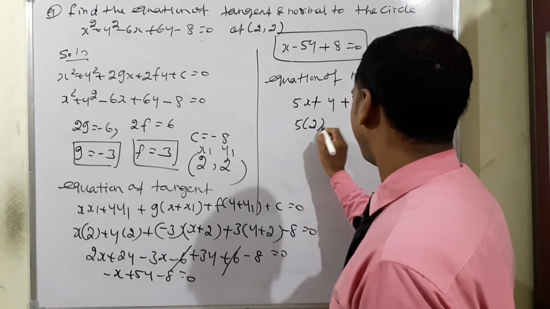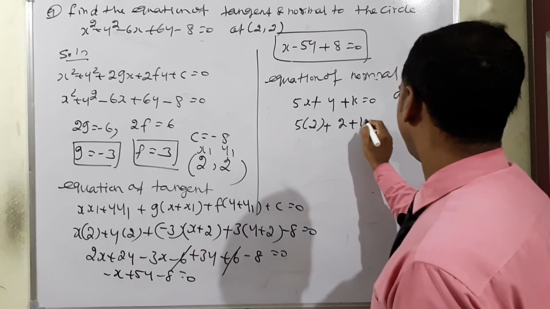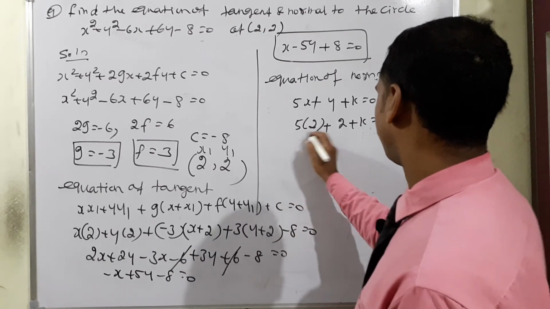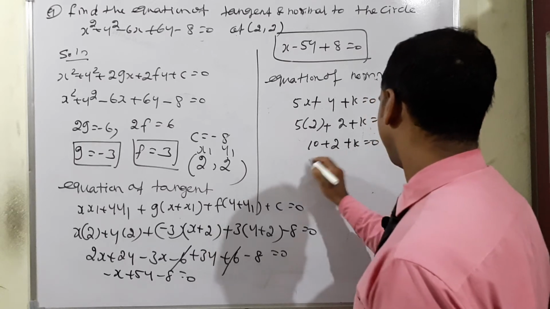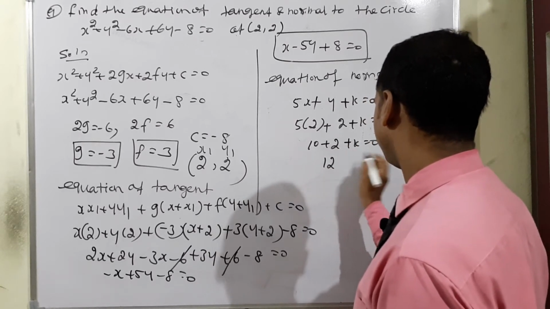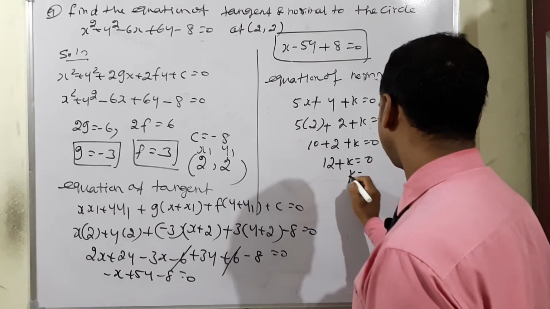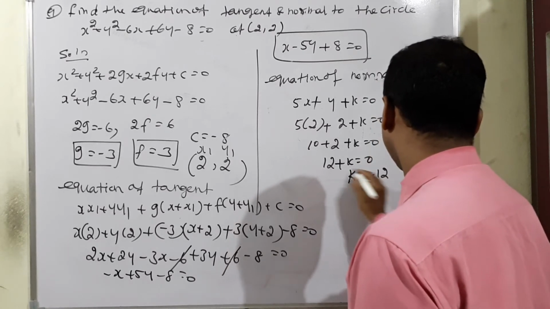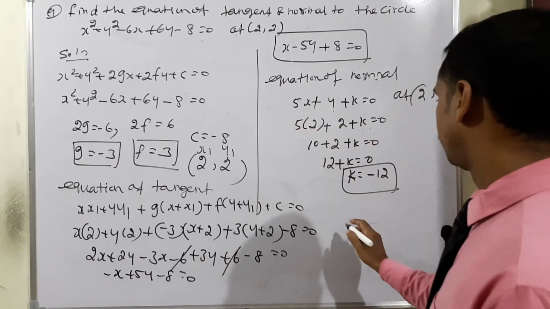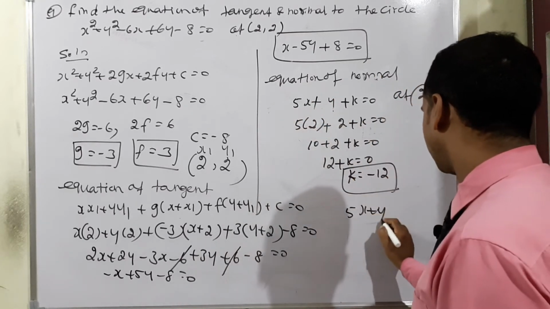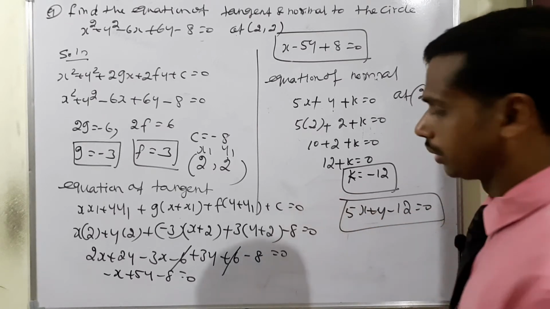Therefore 5 into 2 plus again y also 2 plus k is equal to 0. So 5 into 2 means 10, plus 2, plus k is equal to 0. Therefore 10 plus 2 means 12 plus k is equal to 0. Therefore k is equal to minus 12. After getting the k value, the equation of normal is 5x plus y minus 12 is equal to 0. This is the equation of normal.